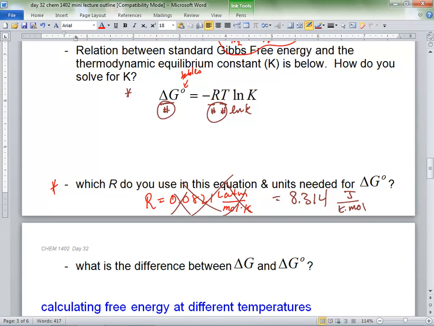I think that's the easiest way. You're going to have e to that number equals e to the ln K, but they cancel out. That's how you get your K. And we'll do one of those.